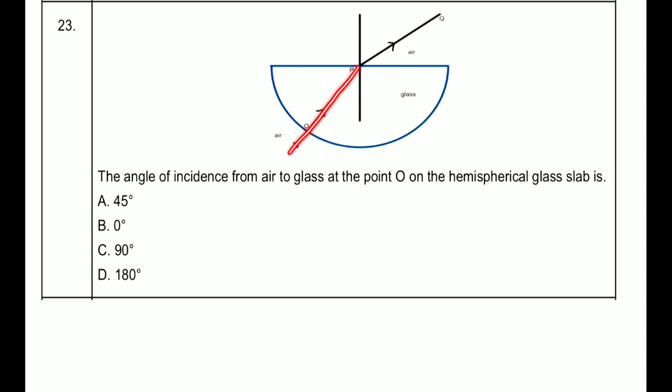That means it should be perpendicular. So you can see your incident ray is perpendicular. That means your incident ray is coinciding with the normal, right? That means the angle of incidence will be equal to 0.